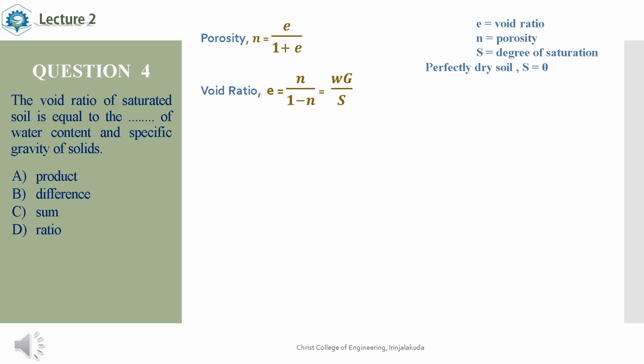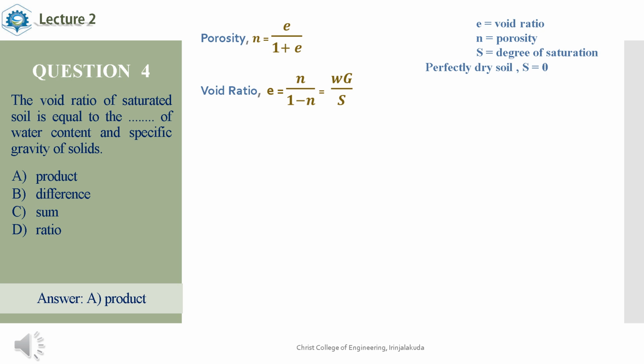And what if it is a perfectly dry soil? Dry soil means there is no water in it, so the degree of saturation is 0. So in this question, the void ratio is equal to the product of water content and specific gravity of solids. So our answer is option A, product.